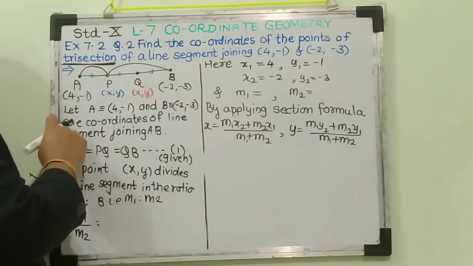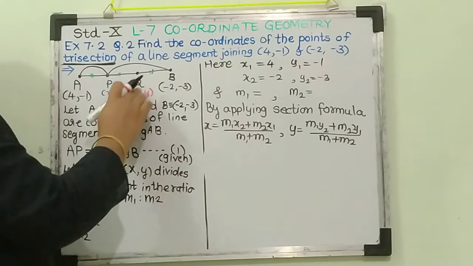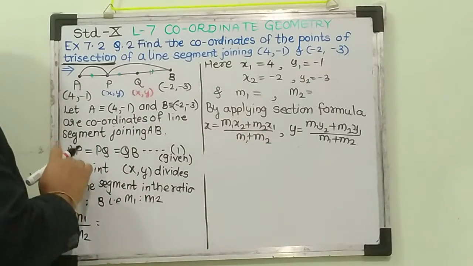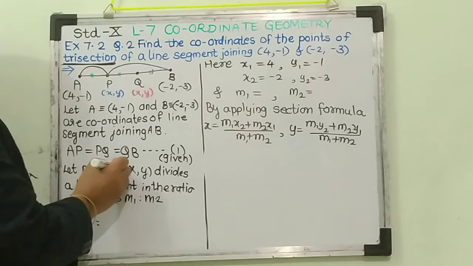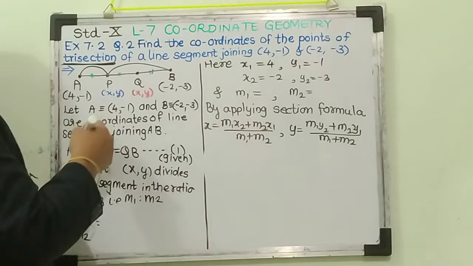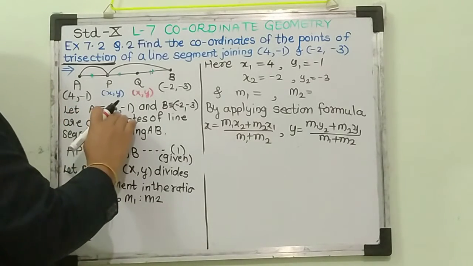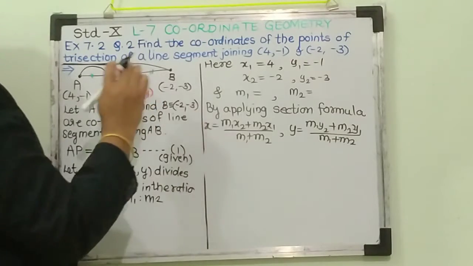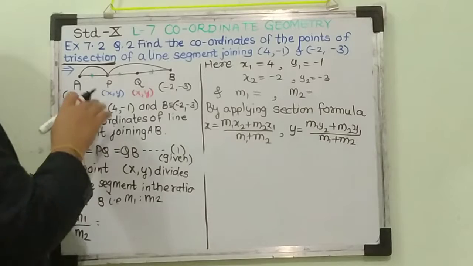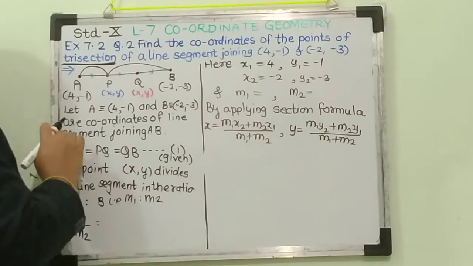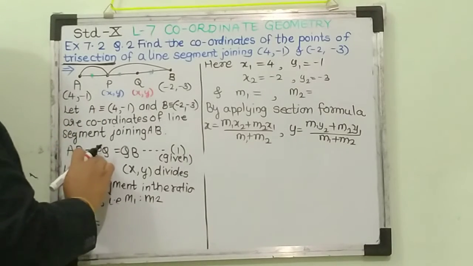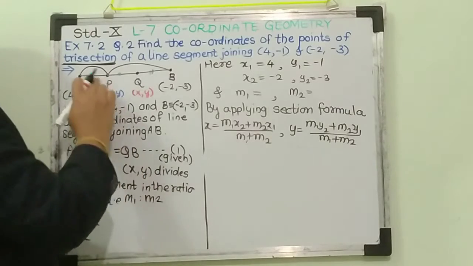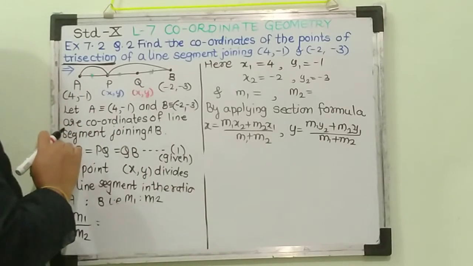Now see here, we have to find the coordinates of Q. So here I am going to take again A, B as it is, that is A's coordinates 4 comma minus 1 and B's coordinates minus 2 comma minus 3 are the coordinates of the given line segment AB, and AP equals to PQ equals to QB, that is a trisection of AB.